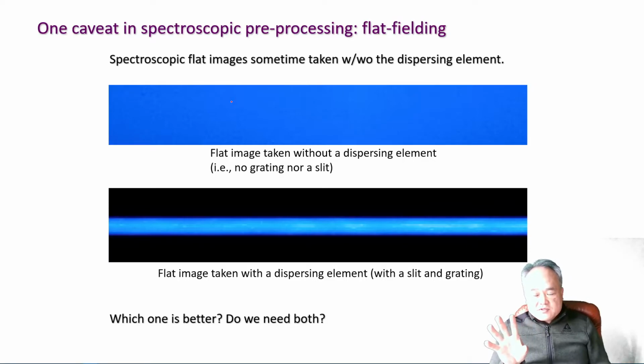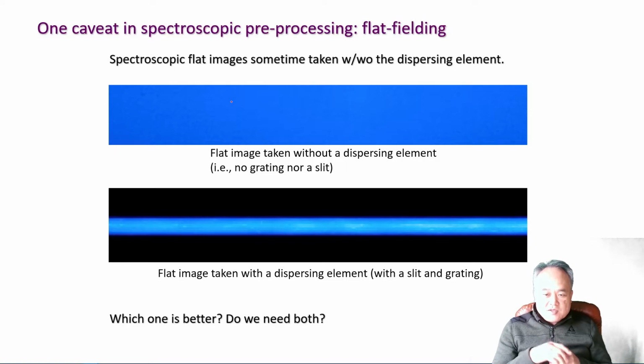But for spectroscopy, in some cases, it is more useful to take the flat images with the exact observational setup as the target spectroscopic observation, which means that the flat calibration image is taken with a slit and then a dispersion element.